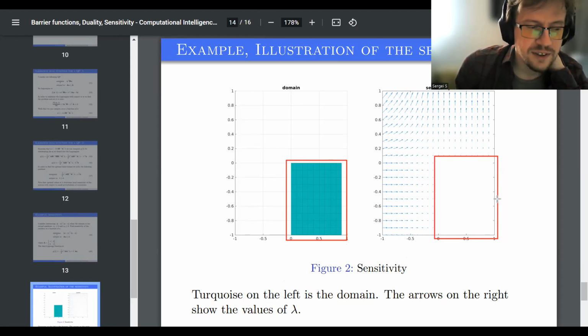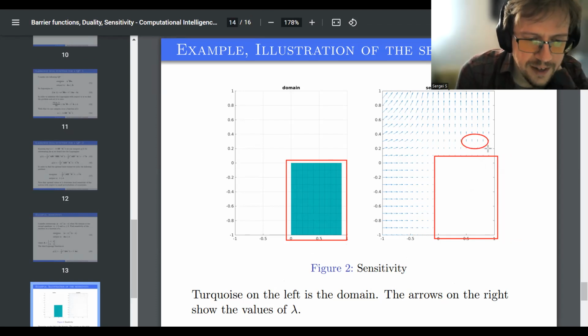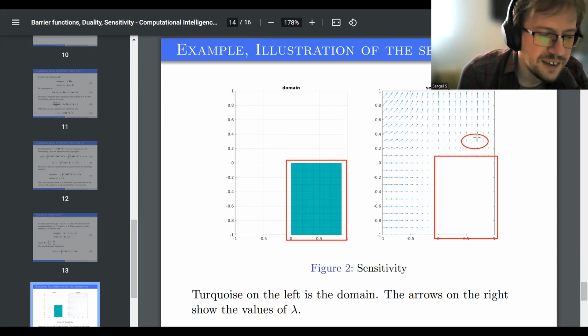But if C is in any other quadrant, those arrows represent the values of lambda. You can see the arrows point upwards, and they have a certain magnitude.